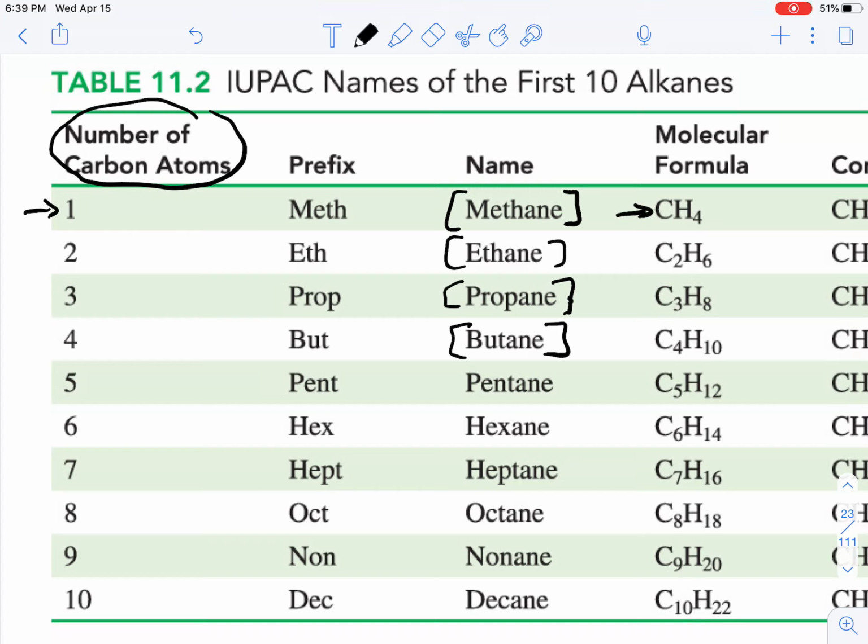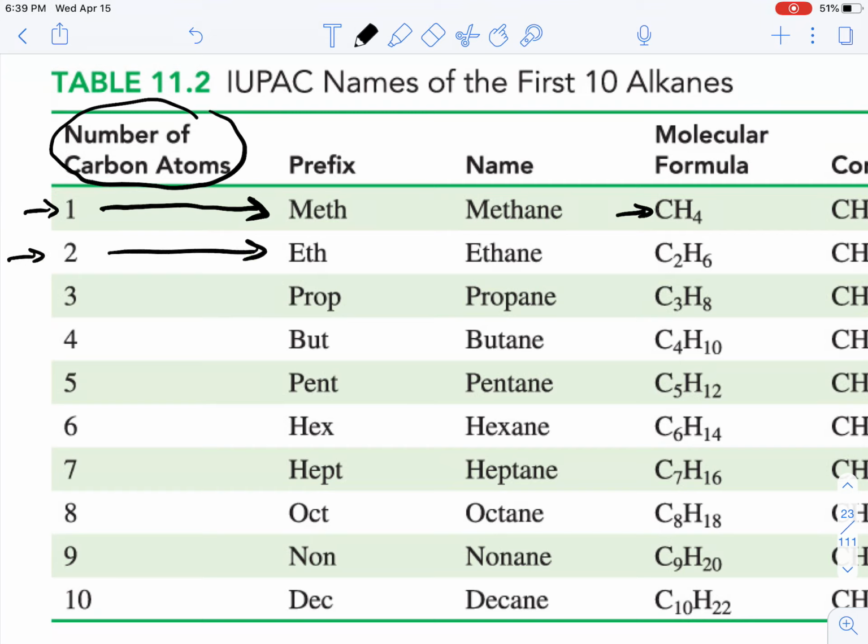And so where these names come from is the combination of two sources. One, the prefix. So from here on out, if there is only one carbon, the prefix is meth. Okay. And so, for example, if you have two carbons, the prefix is eth.